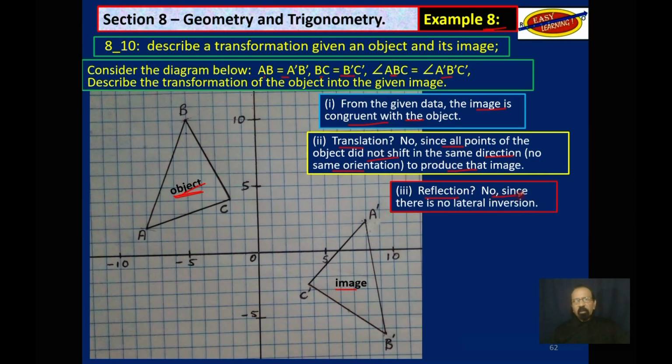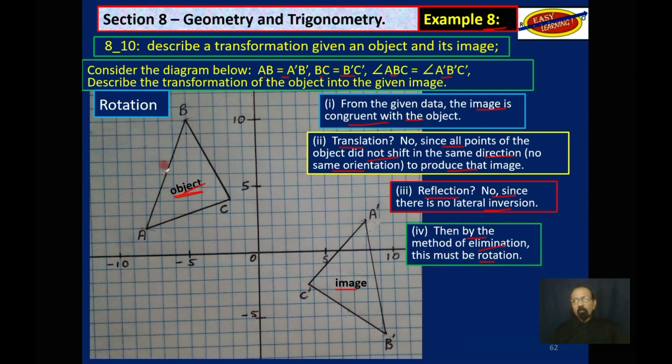No, since there is no lateral inversion. Do you have a line going through here where you have one side facing the other, exactly opposite each other? No. Then, by the method of elimination, this must represent rotation. So it's rotation. It's not translation, it's not reflection, it must be rotation.